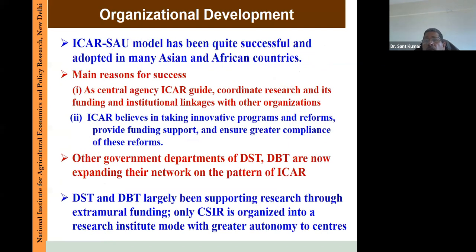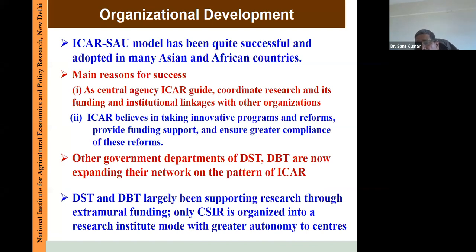The ICR SAU model has been quite successful, and it has been replicated in Asian and African countries. The main reason for the success has been the central agency, ICR, guiding, coordinating, and providing funds and institutional linkage. ICR believes in taking up innovative programs and reforms, providing funding support, and ensuring greater compliance with these reforms.